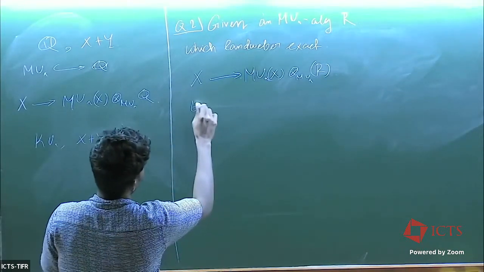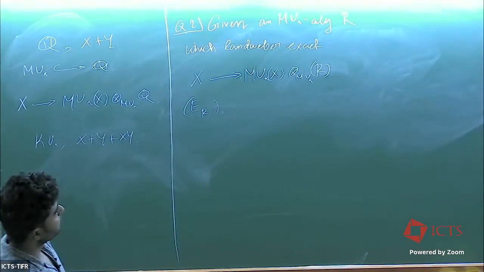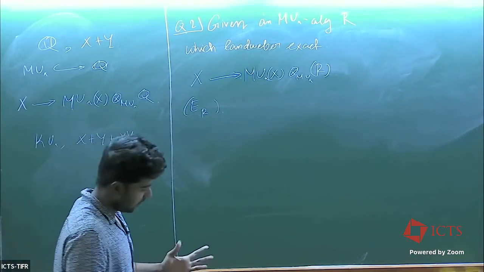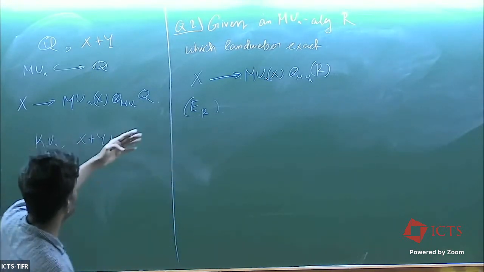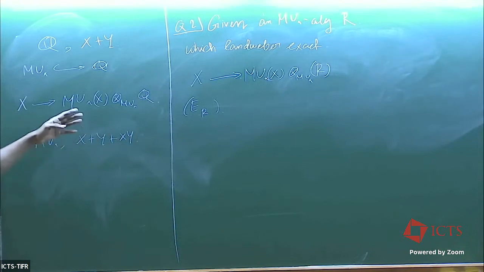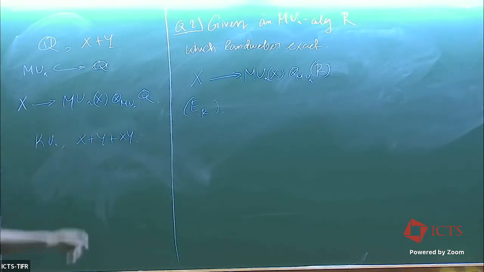Let us say that it is ER. Now I want to continue like this, starting from a mu star module and getting a new spectrum. Already we knew about these two spectra: we knew what HQ is, and we knew what KU is.